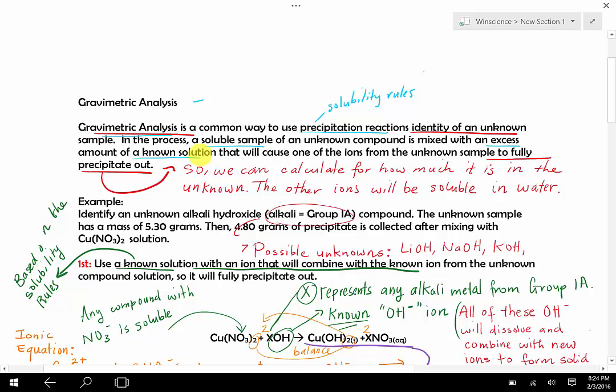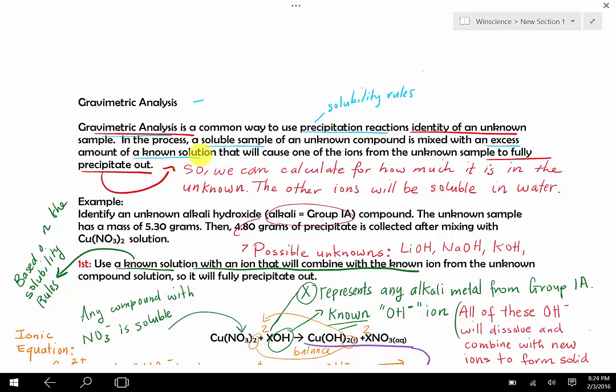One of the ions from this solution and another ion from the other solution will form together and become a solid precipitate that we will collect because it will fully precipitate out. That means 100% of a specific ion from that unknown solution will become solid by combining with an excess amount of ions from a known solution. So keep that in mind.